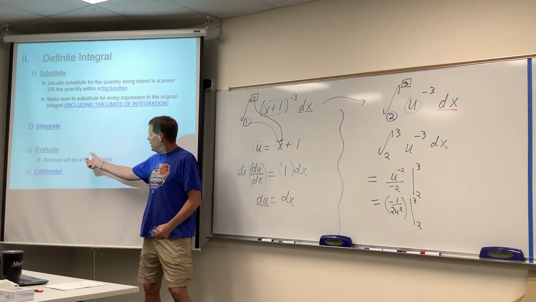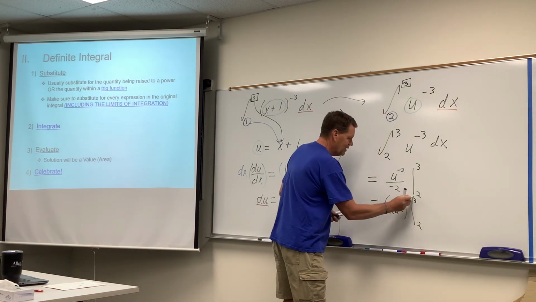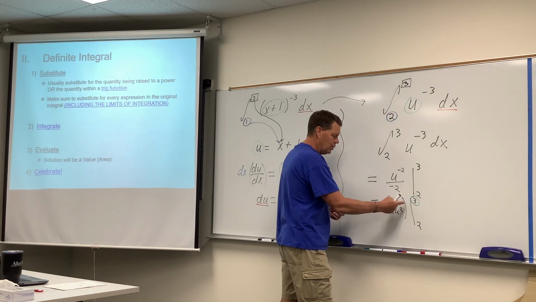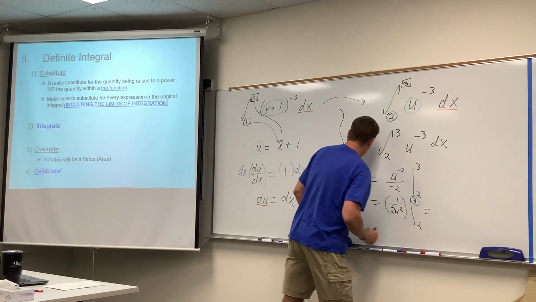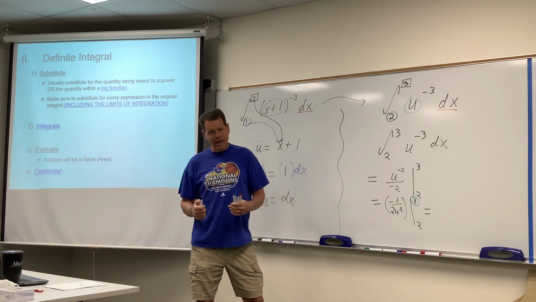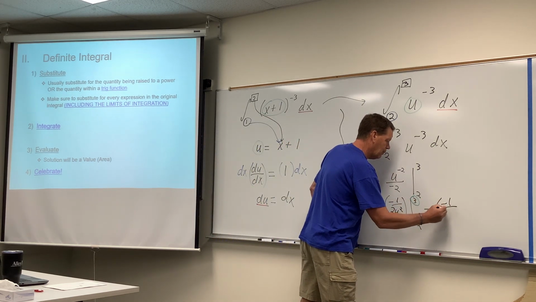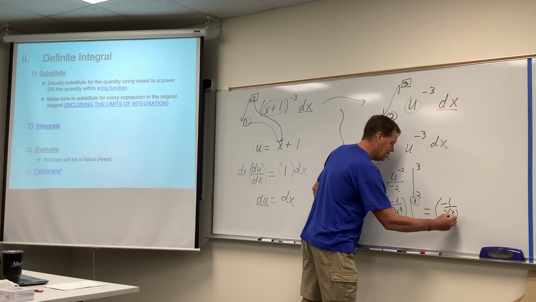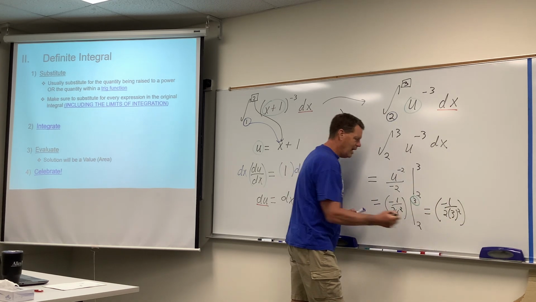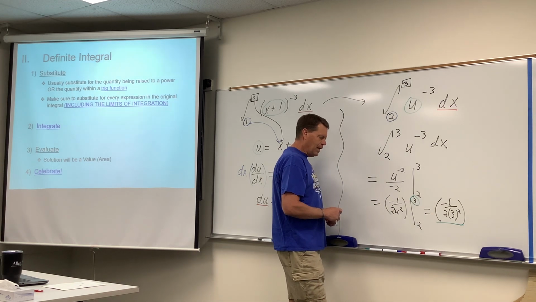And then the evaluate step, which again is to plug the numbers in. So in this example, we would put the 3 in for u. And so that would be the f of b minus f of a discussion that we've had many times here. And so that would be negative 1 over 2 times 3 squared. And that would be that upper limit of integration plugged into that antiderivative.